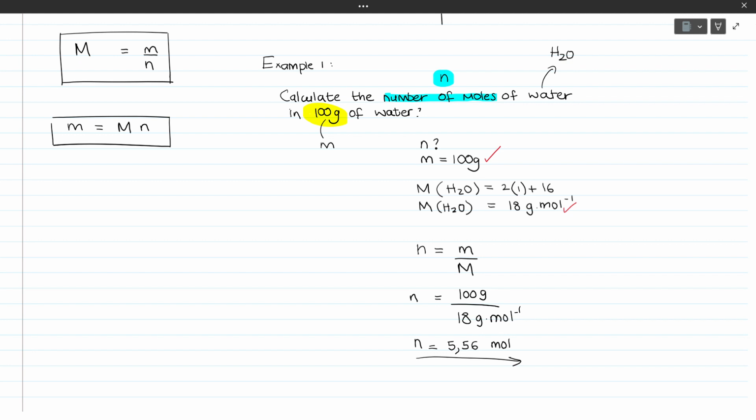So I'm going to write down the second example, which you're going to try all on your own, and then as usual, we'll mark when you're done.